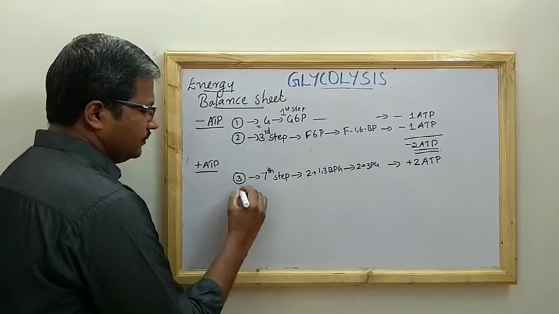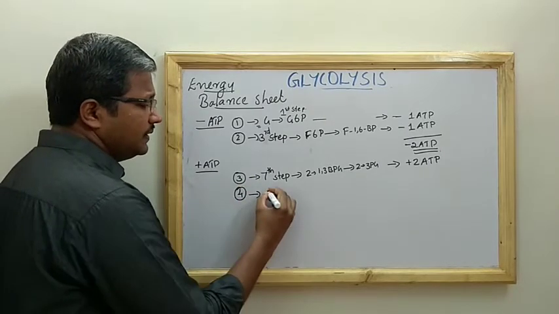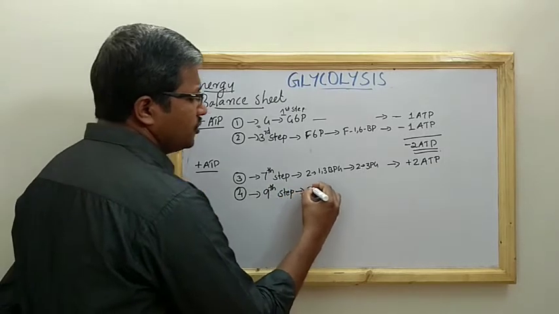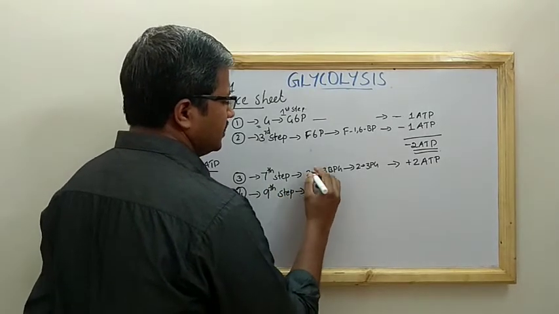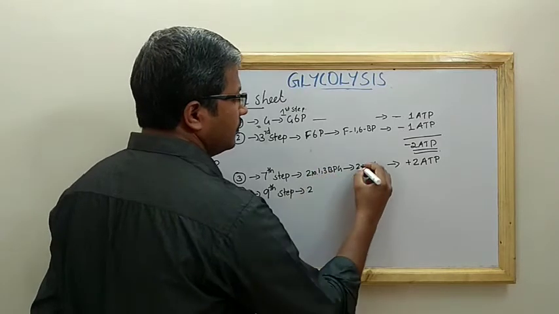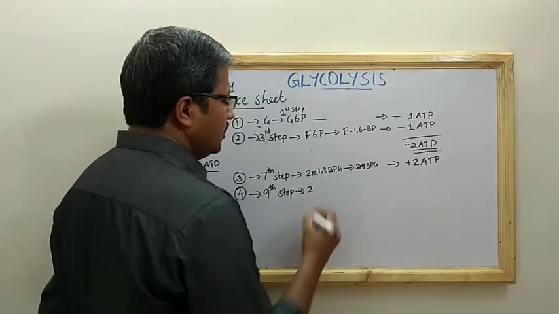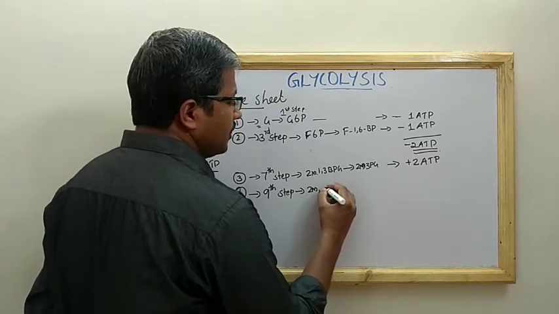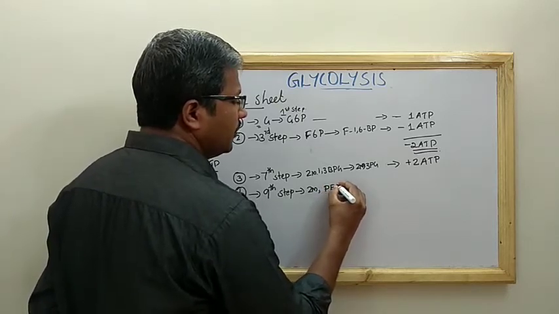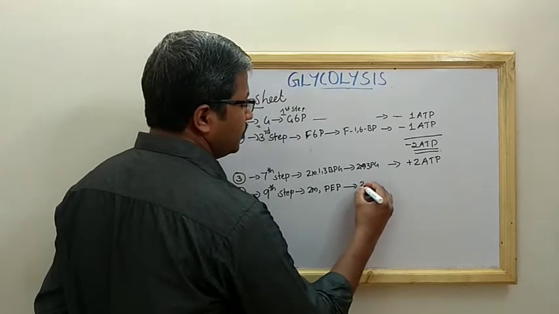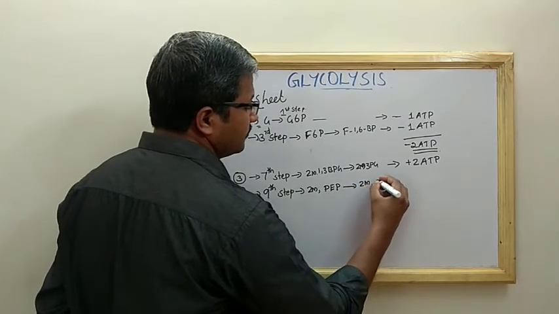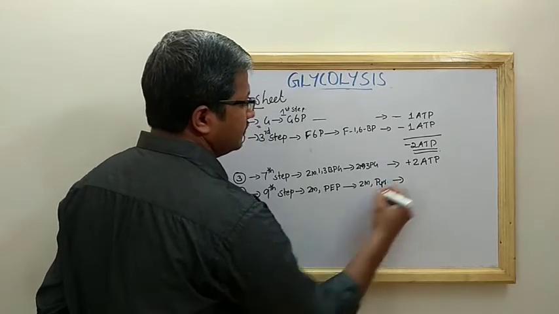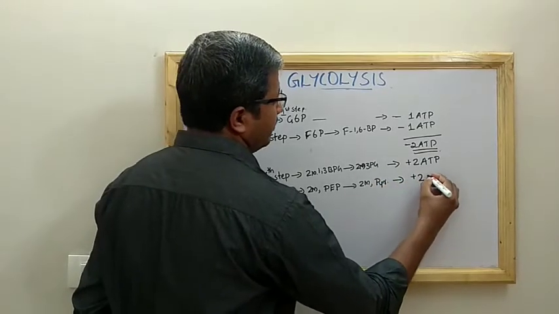Now the fourth one, that is there in the 9th step, where 2 molecules of phosphoenolpyruvate are converted into 2 molecules of pyruvate. As a result, plus 2 ATP is formed.